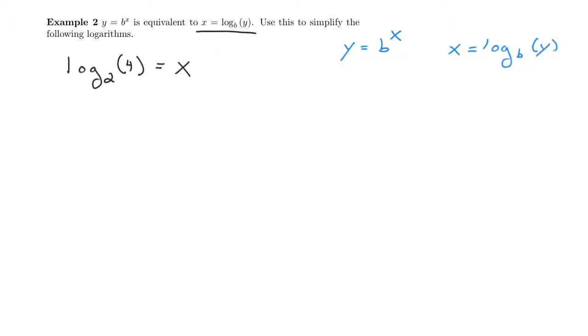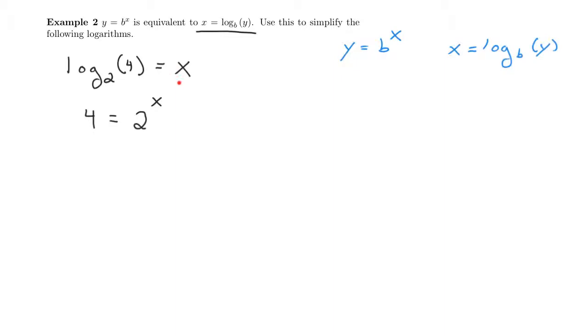To see what this is equal to, I'm going to take the exponential function 2, and what I'm going to do is put the x in the exponent and the 4 outside. So what this is doing is I'm taking this value and this value, moving it over to a more familiar function, and switching out the inputs and the outputs, the x's and the y's.